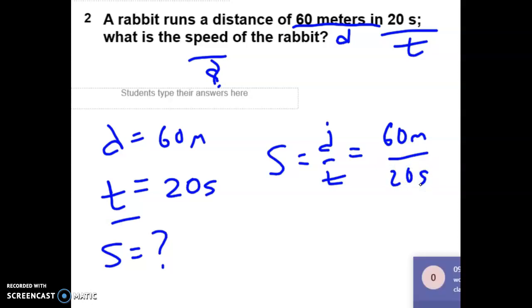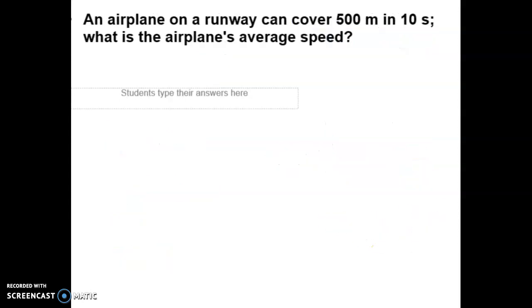I do the math, and that will equal 3 meters per second.